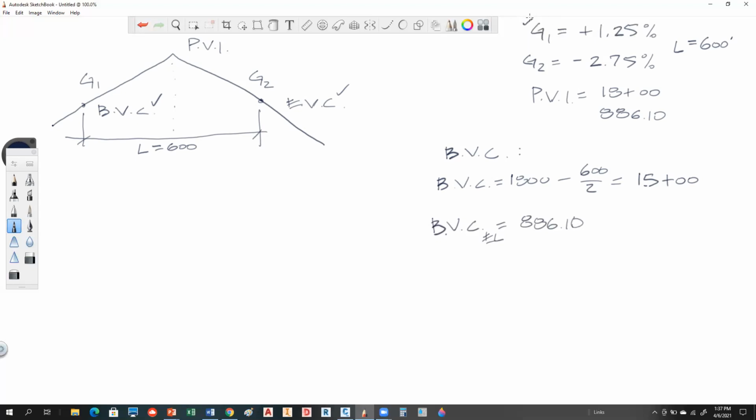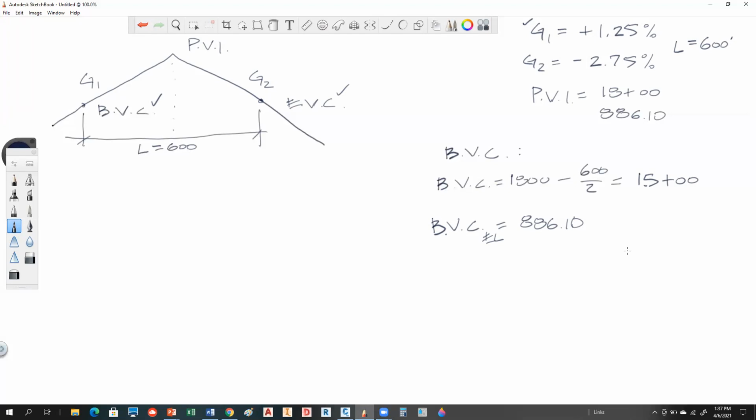G1 is 1.25%. So that's the slope, right? Yeah. So in this case, we're going to take the slope times the distance, and that's going to give me the drop. Okay? The slope times the distance, and what is this distance here? From PVI to BVC is what? It's half of L, right? 300.